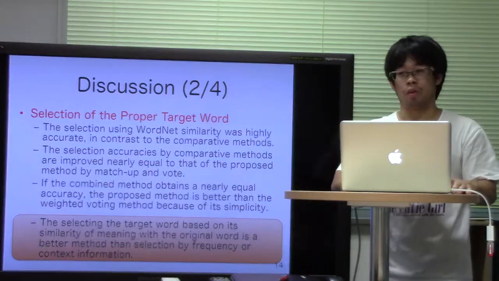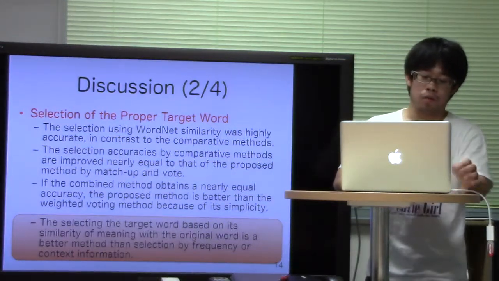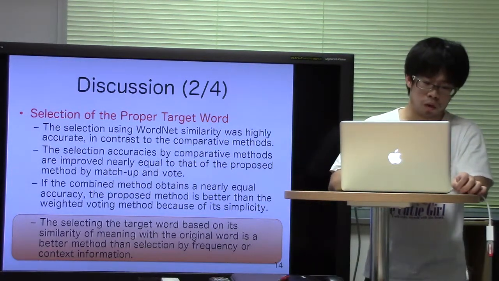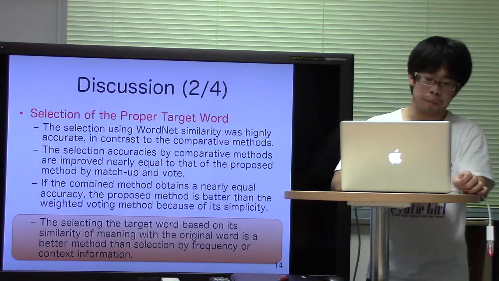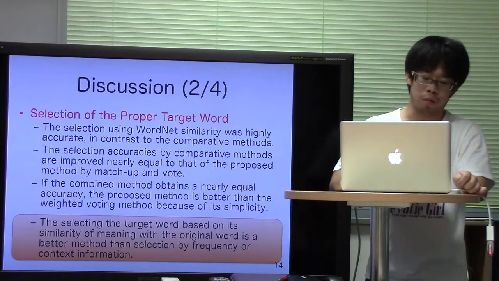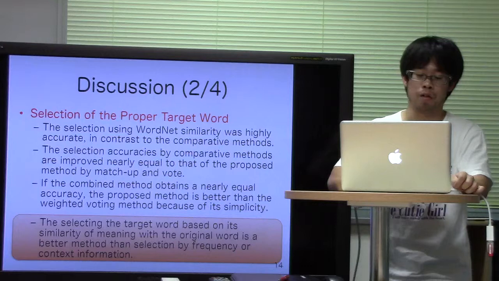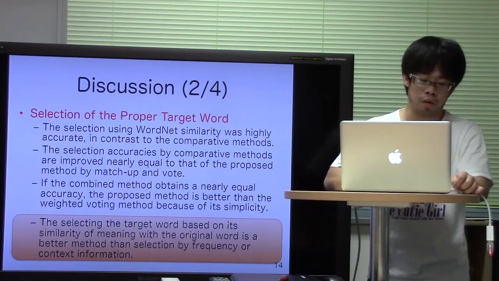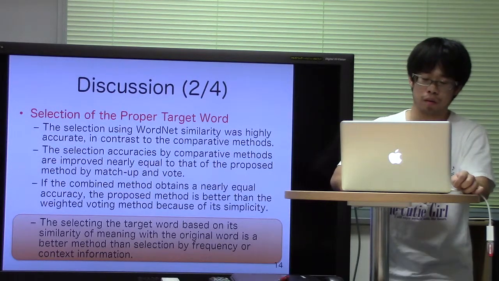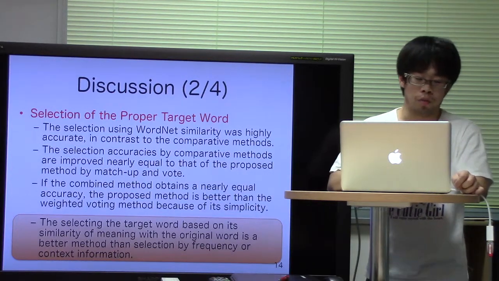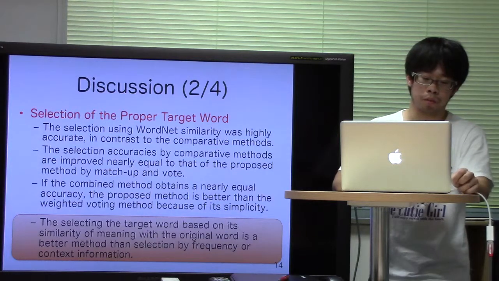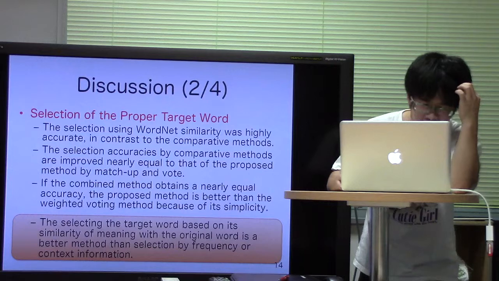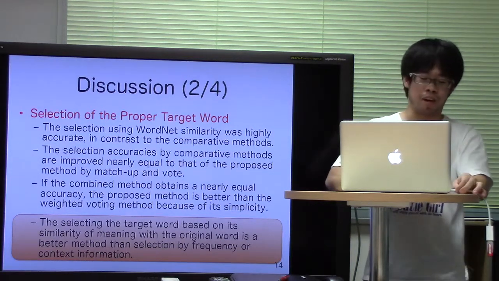The selection using WordNet similarity was more accurate than the comparative method. The selection accuracies of the comparative methods are improved by matching up and voting. Regarding the acquisition of target word candidates, the accuracy of voting by the 5 comparative methods is less than the proposed method.